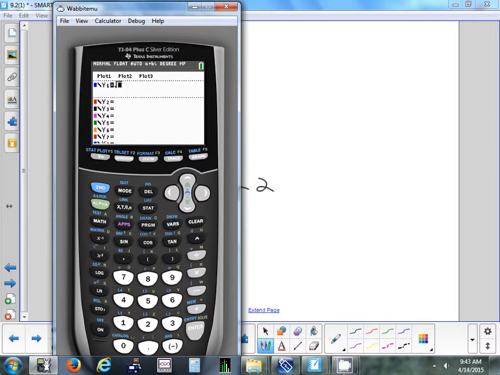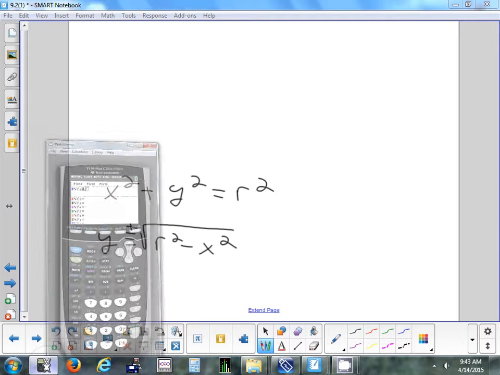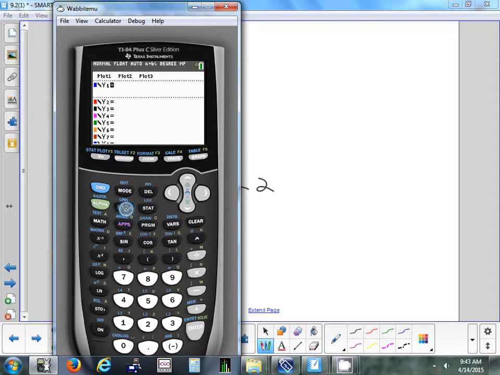Let's graph the square root of, and I'm going to let r be 3. Okay, I'll draw a circle with a radius of 3. So it would be the square root of 9 minus x squared. Type that in. Now if I sketch it, that's going to give me what?